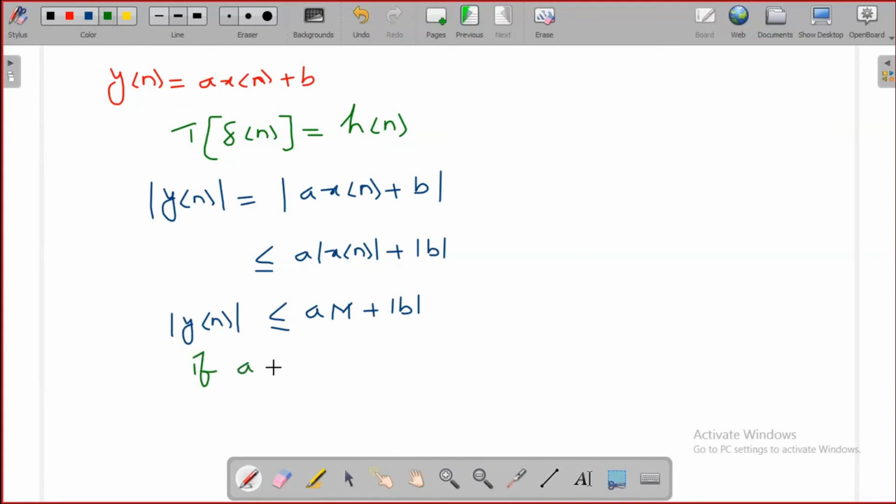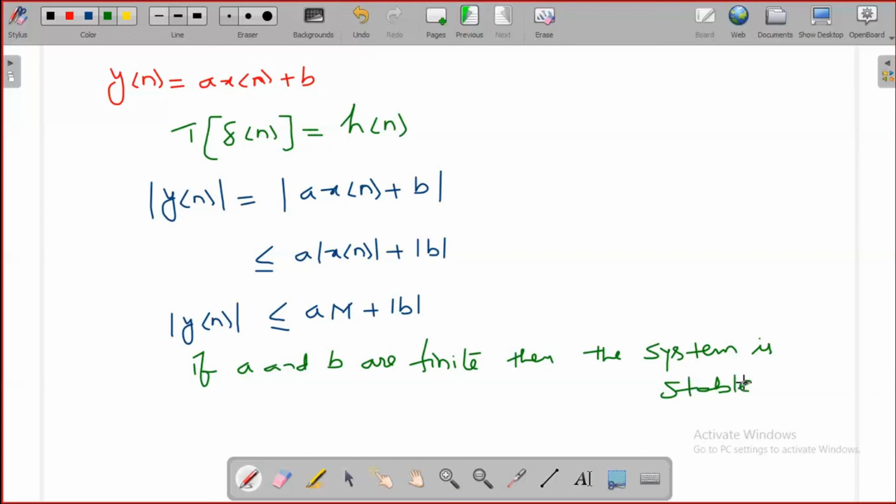If A and B are finite, then the system is stable, otherwise unstable.